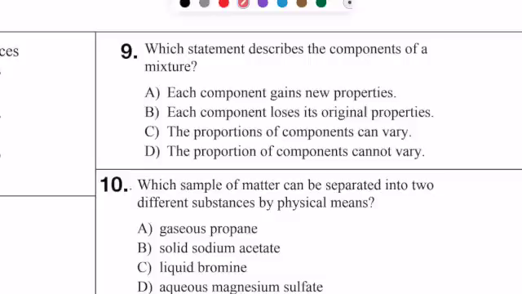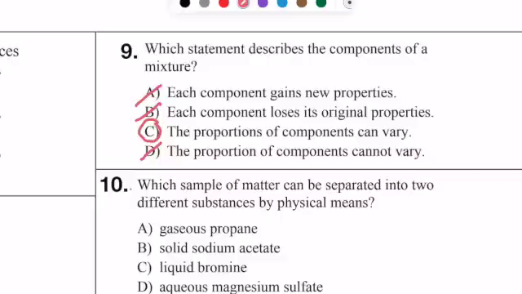The reason why 1 and 2 are not your answer is because when you are mixing 2 things, let's say you are mixing sand and salt, they are not gaining any new properties. They are just making a solution. And when we separate those 2 things, the sand and the salt, they're still going to have their original properties. So they are not gaining new properties. They are not losing their original properties. And we can always change the proportion in which we are dissolving them. So your answer is C.